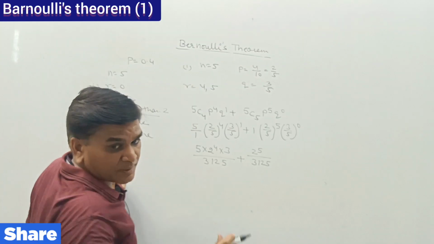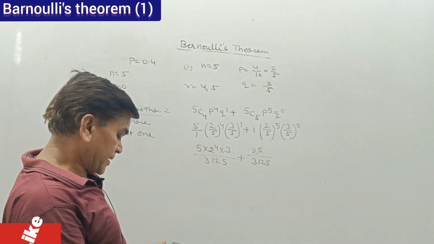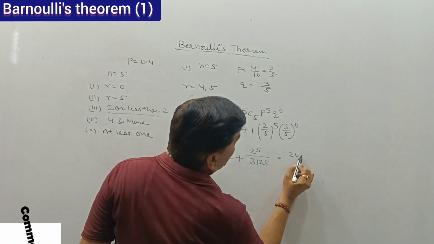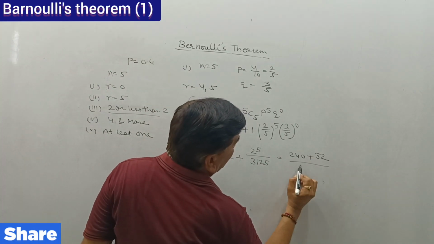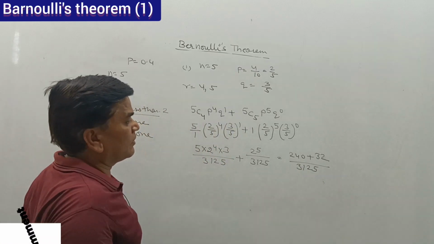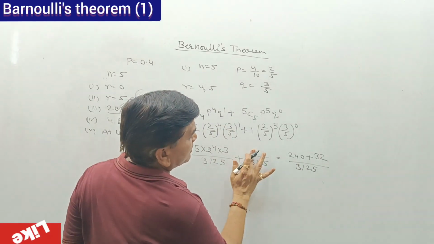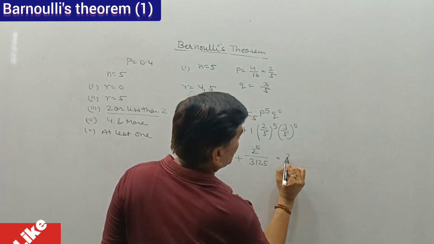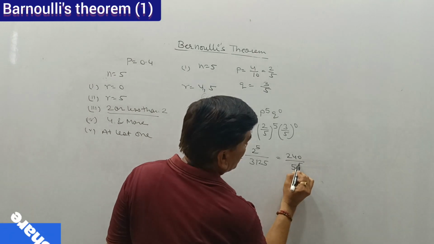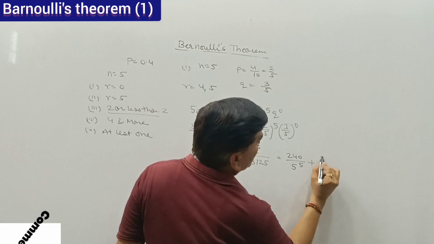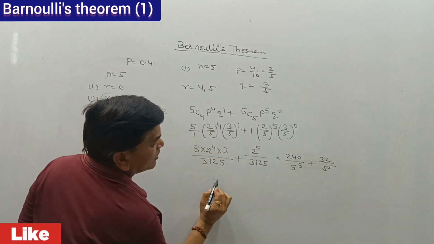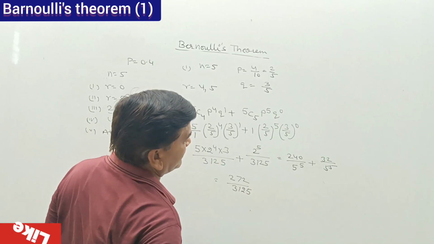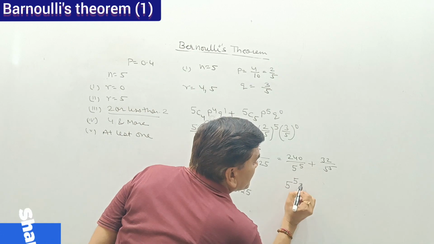So this will be 15 multiplied by 16, so there will be 240 plus 32 divided by 3125, because 2 raised to power 5 is 32. Or we can write 240 upon 5 raised to power 5 plus 32 upon 5 raised to power 5. So 272 upon 3125 will be the answer, because as we know 5 raised to power 5 is 3125.